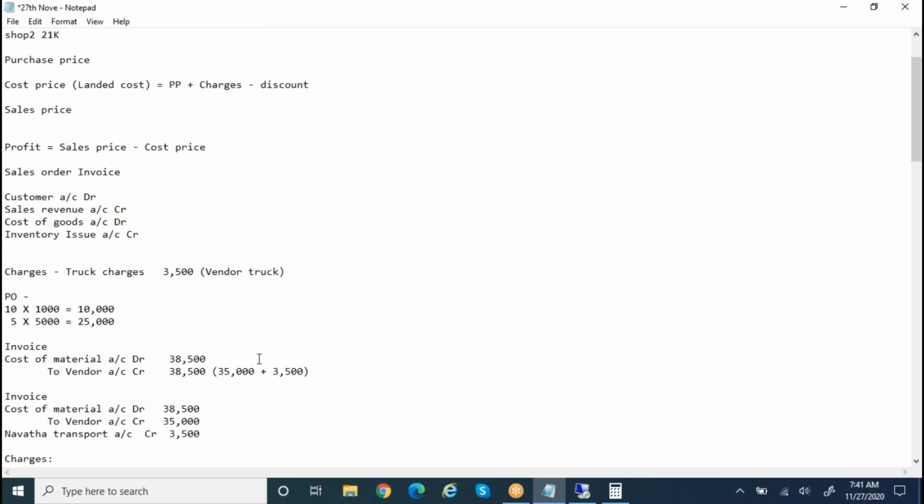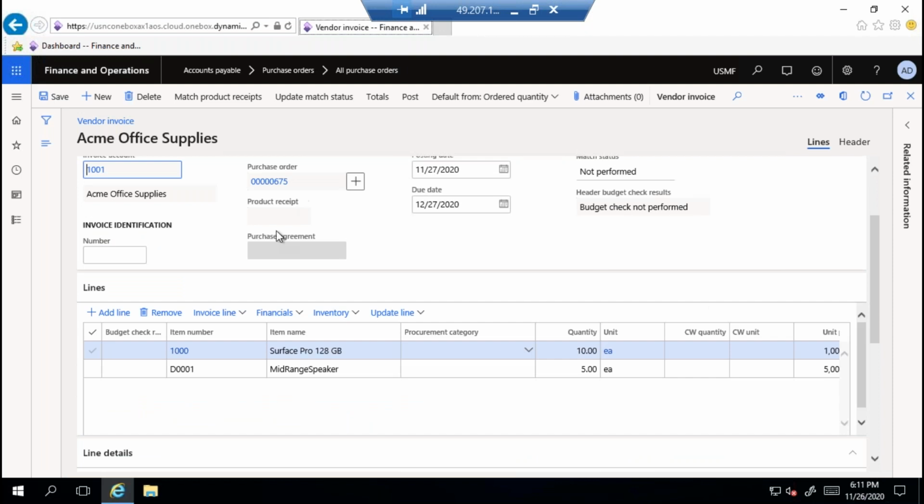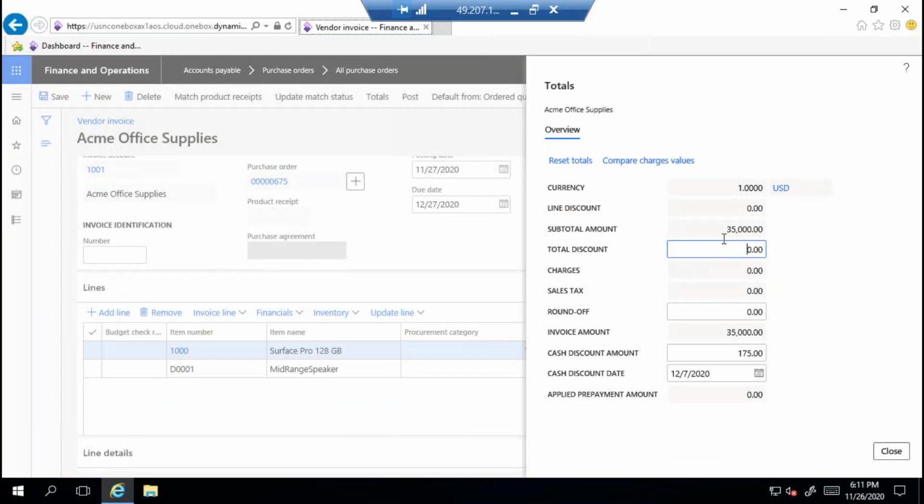If it is a third party truck, during invoicing I will receive 35,000 only. If I verify totals, it will be 35,000 only, because I need not pay this 3,500 charges to the vendor.